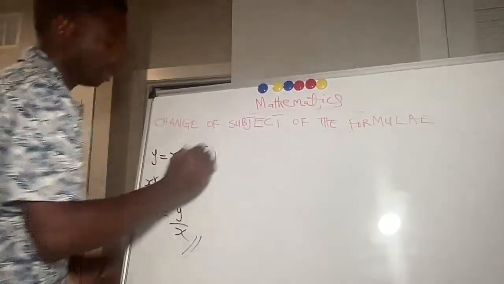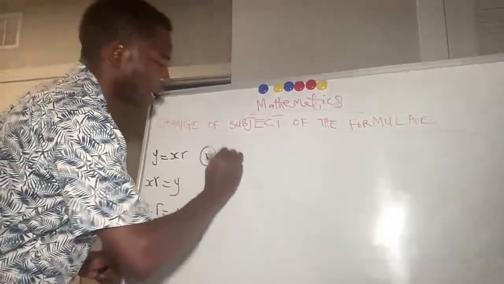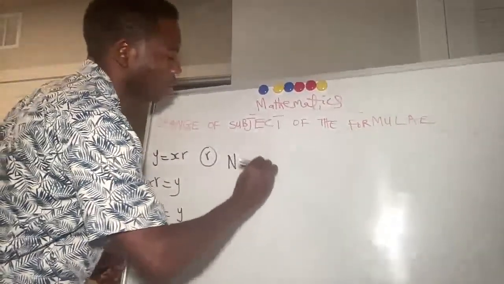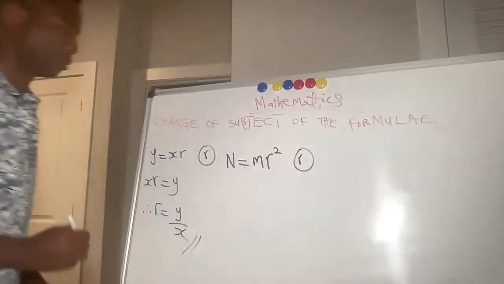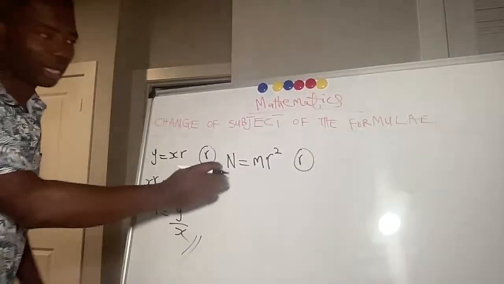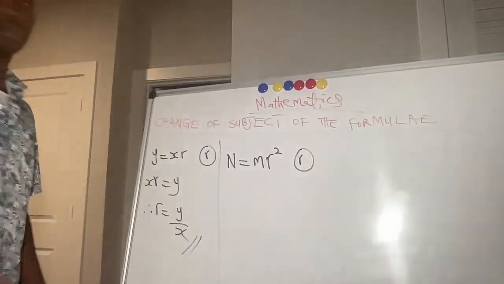Let's take an example. N is equals to M R squared. Make R subject to the formula here. If you are told to make R, what are you going to do?